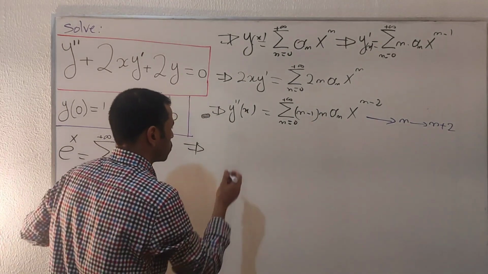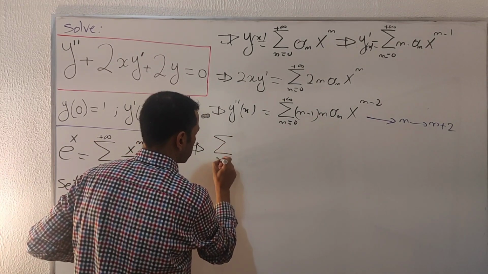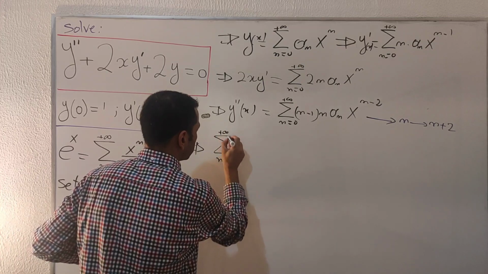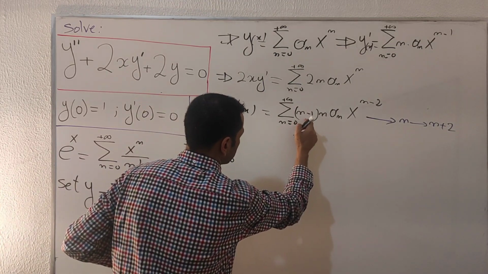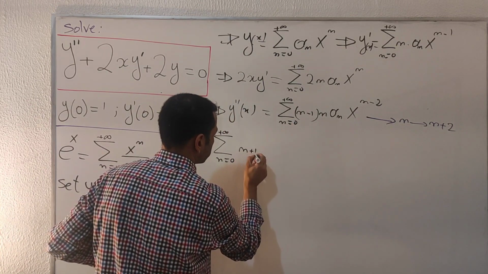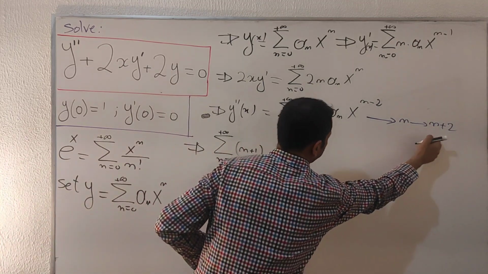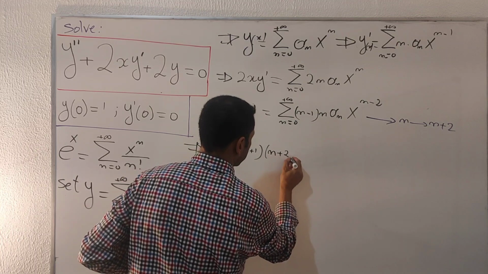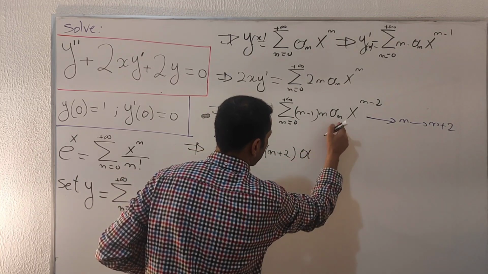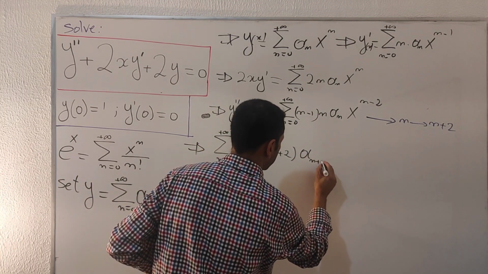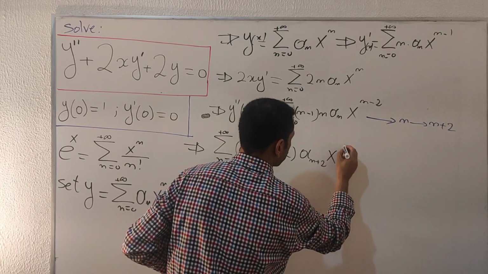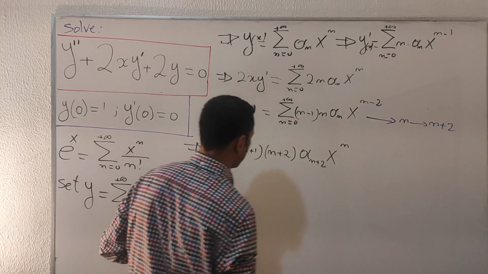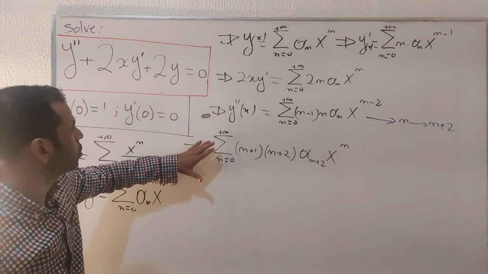So we'll have, as n goes from 0 to plus infinity, this n minus 1 becomes n plus 1 as I'm changing this n to n plus 2. This n becomes n plus 2, this e sub n becomes e sub n plus 2, and this one becomes x to the n, like this.